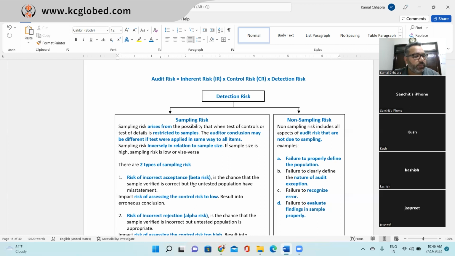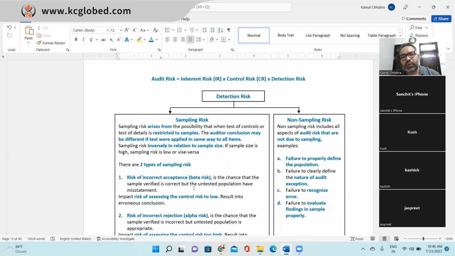If the difference between the actual amount and the amount in the system is more than the tolerable error, then that is considered an exception, right? Yes or no? Yes, sir. So if you have not properly defined the exception, then it is a non-sampling risk.